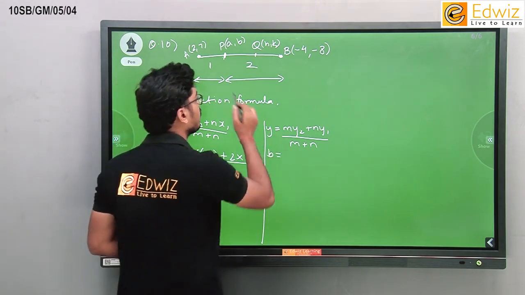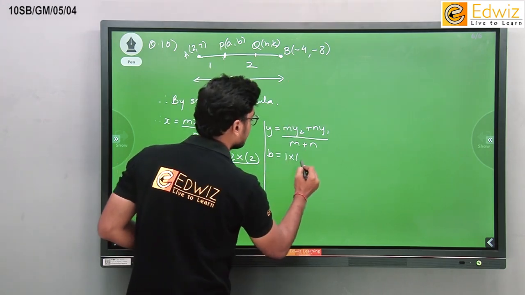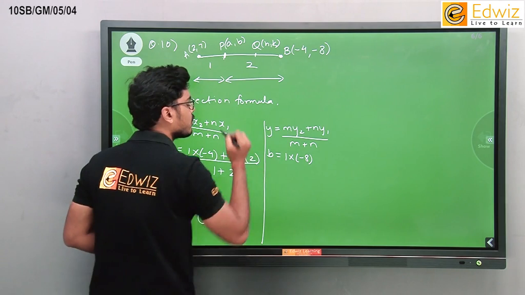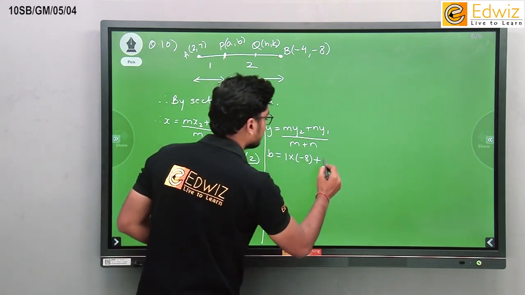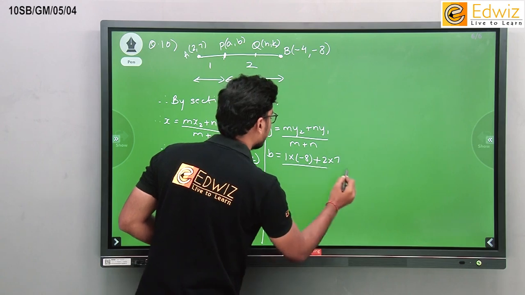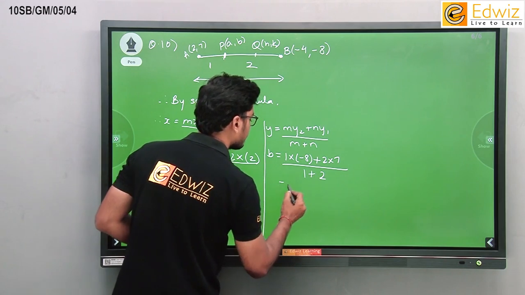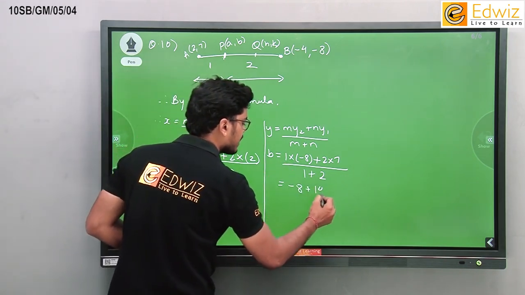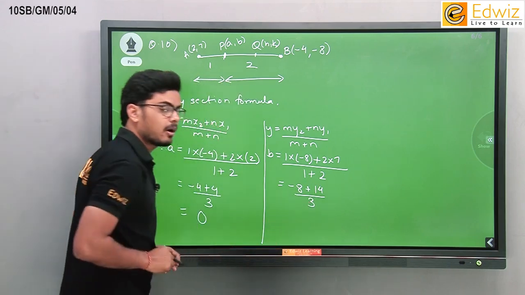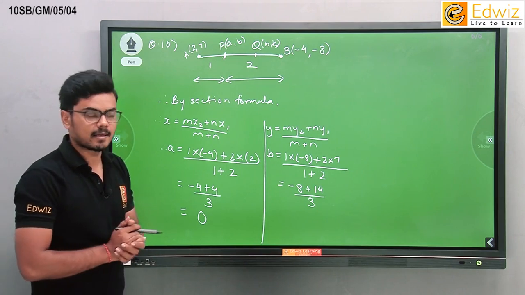y will be equal to m is 1, y2 is -8, since we are talking about the y coordinate. So 1 into -8 plus 2 into 7 divided by 1 plus 2. Okay, so this is equal to -8 plus 14 divided by 3. Now -8 plus 14 is plus 6, correct?